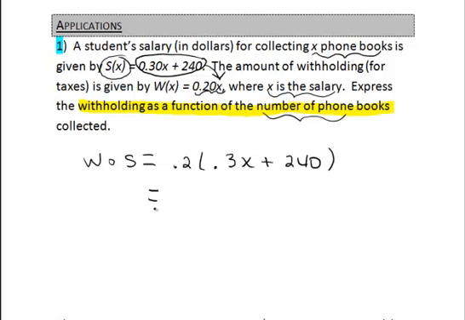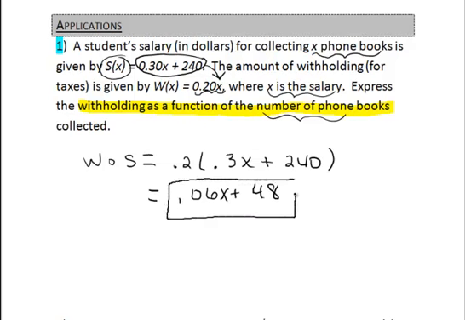We have 0.2 times 0.3. That's 0.06, plus 0.2 times 240 is 48. So you have just written withholding as a function of the number of phone books.